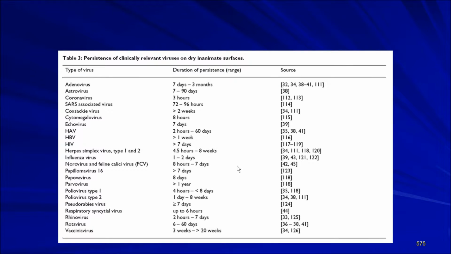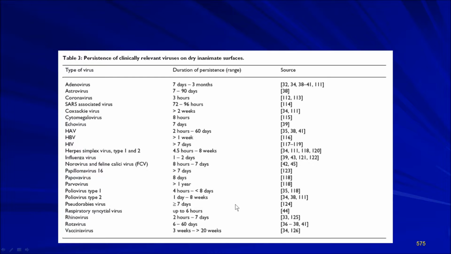So here we see that there is a great deal of persistence of viruses on dry surfaces. We look at coronavirus, 3 hours, SARS-associated virus, 72 to 96 hours. We look at the polio virus, type 1 and type 2, 4 hours to 8 days, 1 day to 8 weeks.